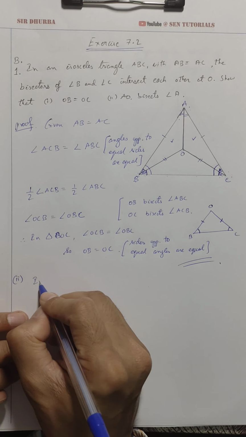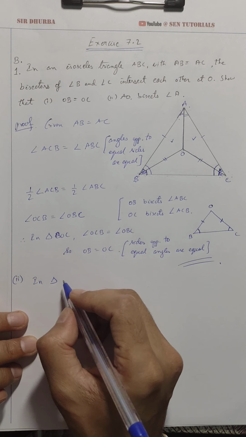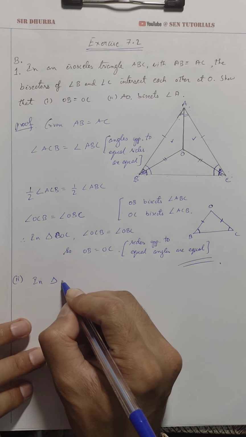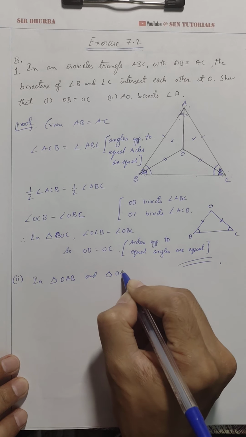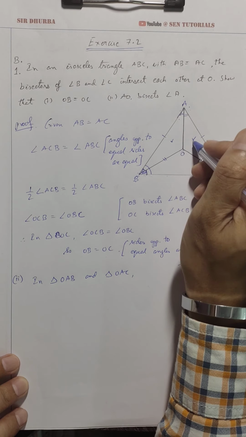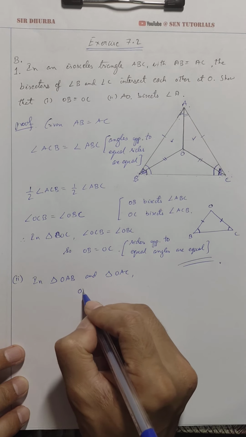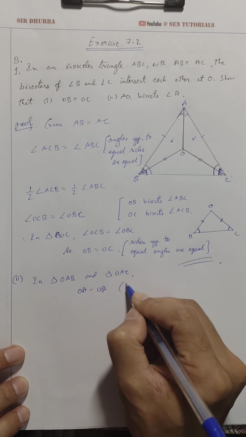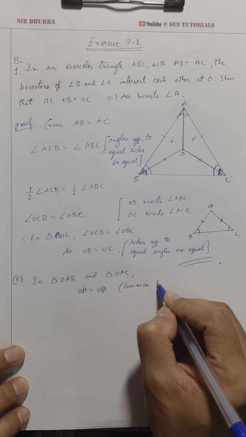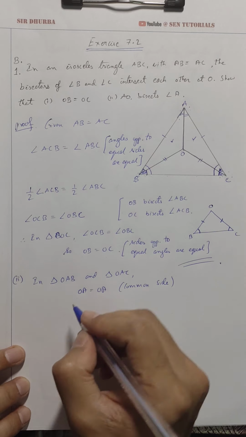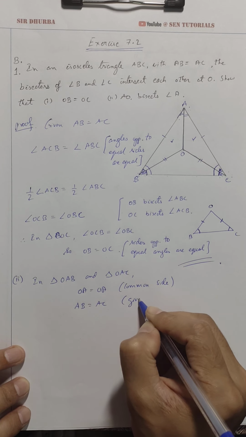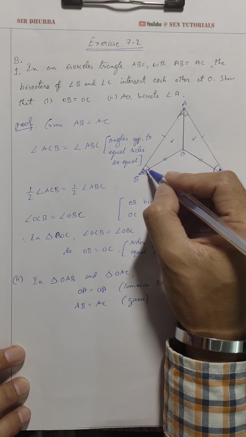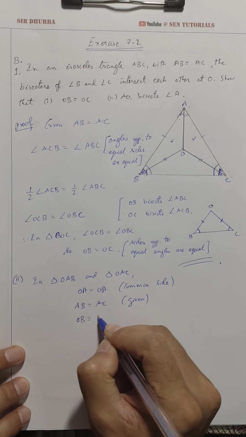In triangle OAB and triangle OAC, OA is equal to OA, reason: common side. Already given, AB is equal to AC. And OB is equal to OC.